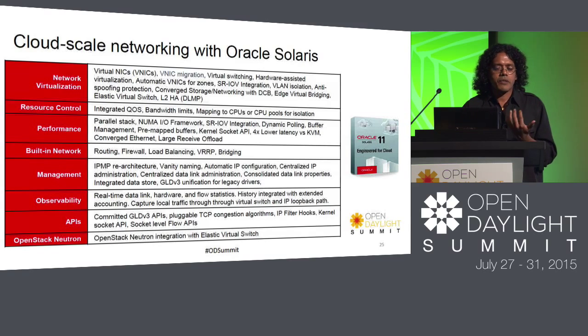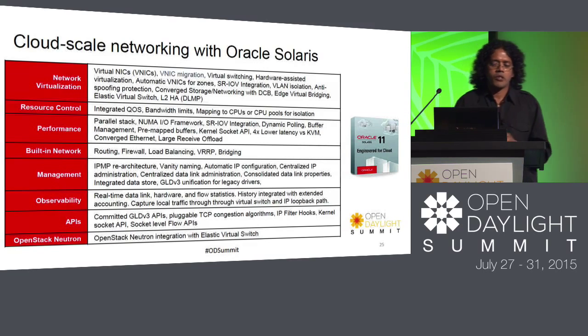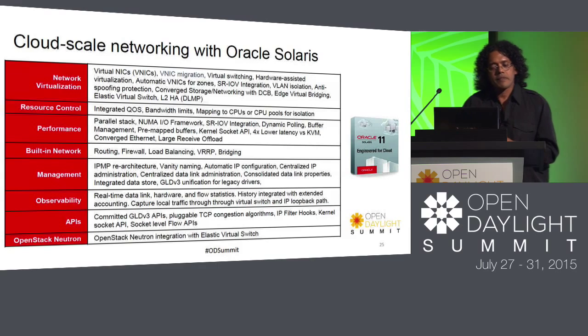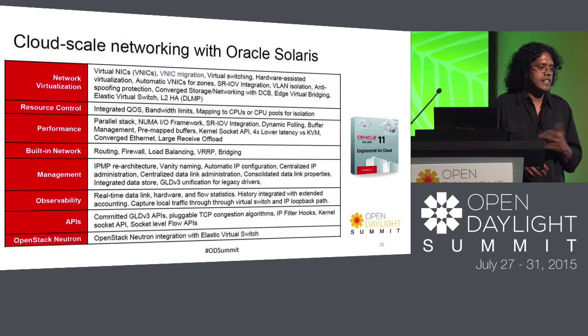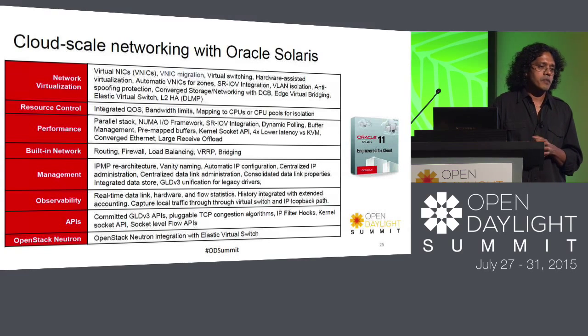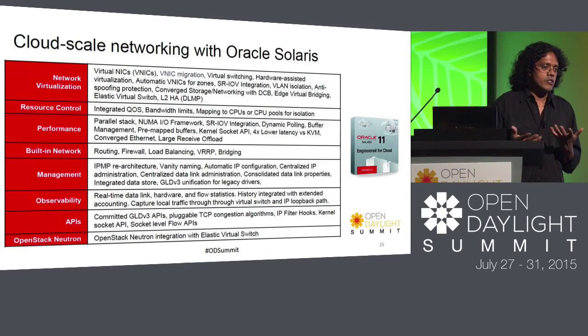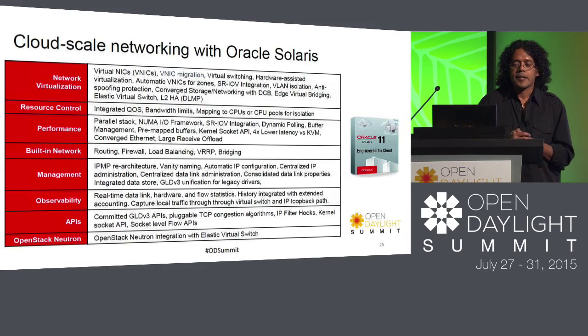In terms of network virtualization, we support virtual NICs, virtual switching, and wherever possible, hardware-assisted virtual switching, and also protocols like DCB, EVB, PVLANs, VXLAN, and so on and so forth. For resource control, Solaris supports QoS, limiting bandwidth specifically, and also tying CPUs to VMs or virtual NICs.